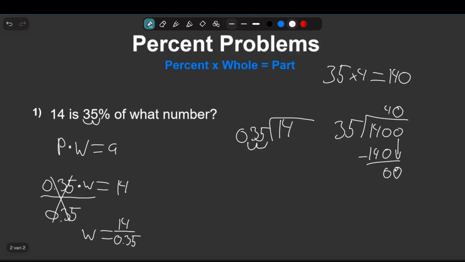And now we can't go any further, or basically we can, but if we multiply 0 by 35, again, we will get 0, and you can see this will be a very long cycle. So we have finally got to our final answer of 40, right here.